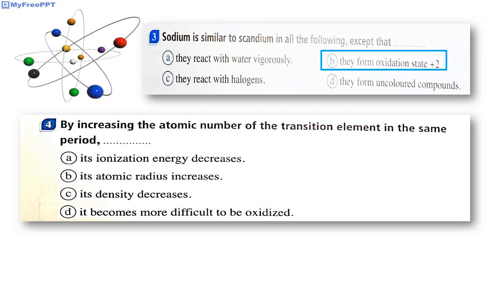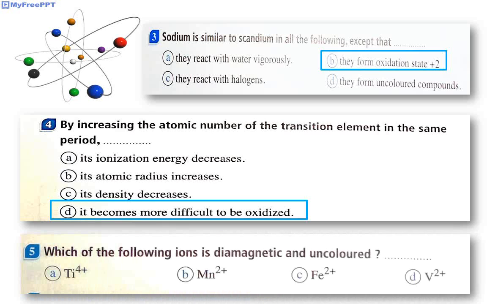Its density decreases? No, I think it's wrong. It becomes more difficult to be oxidized. What is the main property of this? It becomes more difficult to be oxidized as they are heavy metals. They are not able to be oxidized or make a greater oxidation state.